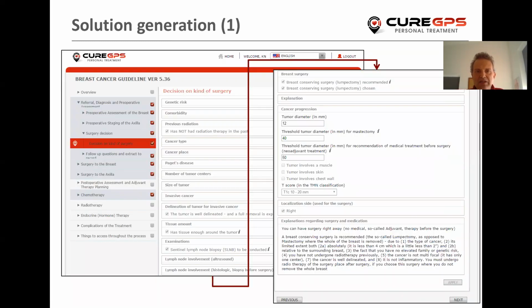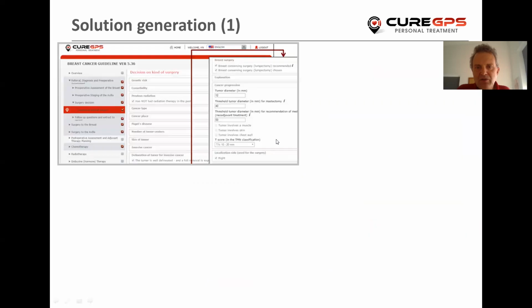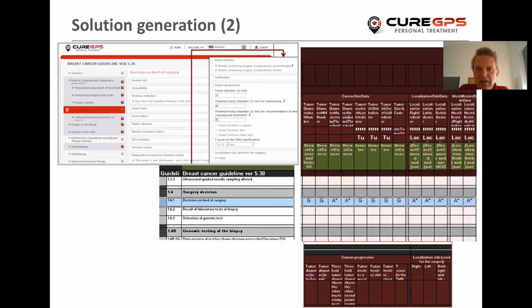And you can see how it works here. The 40 appears here in the threshold, and what you see in the solution is generated from the matrix in this way. First of all, you look at the line decision of kind of surgery.